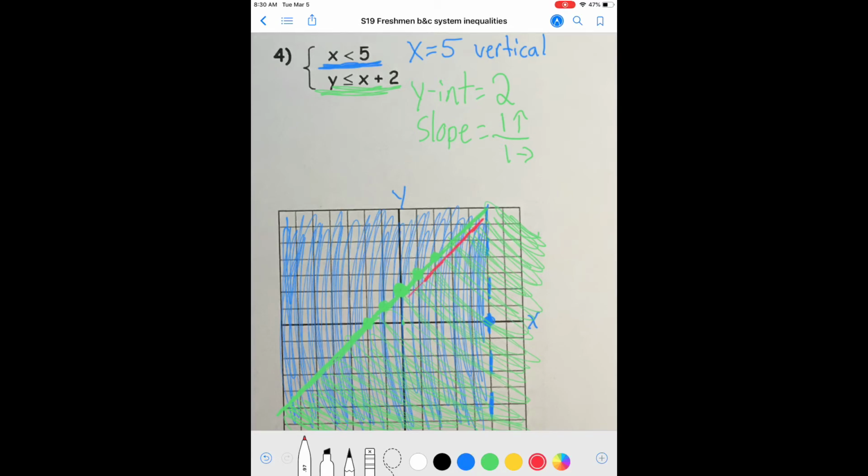So this region right here are all of the possible solutions. So if you want to have a third color to shade all of that in, that's fine. Honestly, in my opinion, it makes it look even messier. That's up to you.